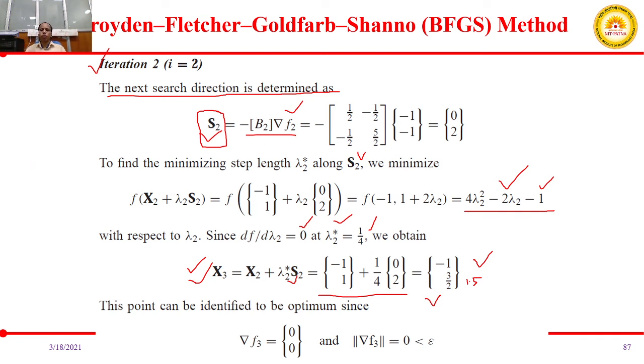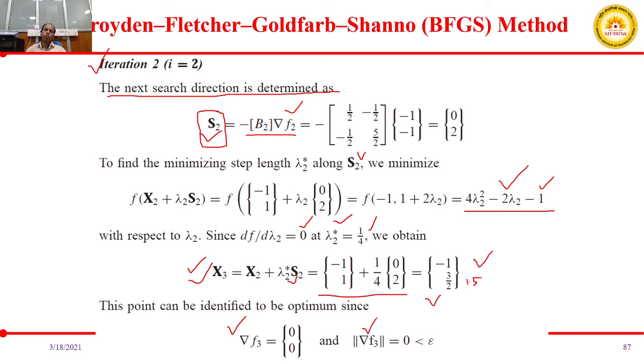But if we did not know the optimum point, how would we identify whether we have reached it or not? You will calculate the gradient of the function at x3. It is coming f3 equal to 0, 0.